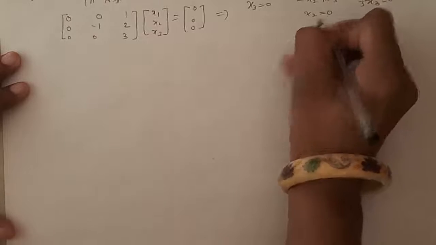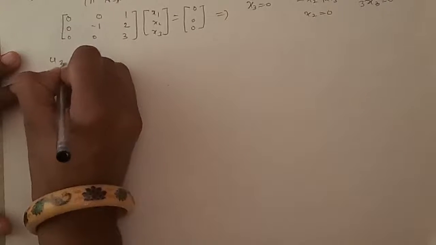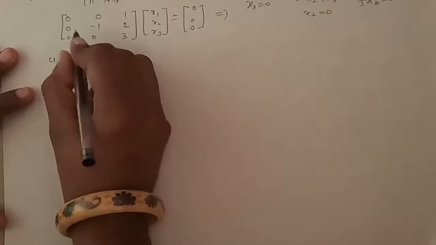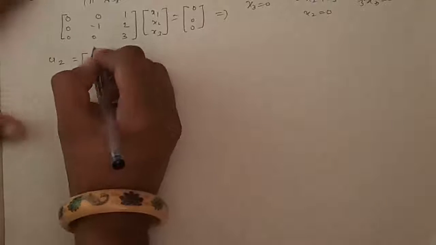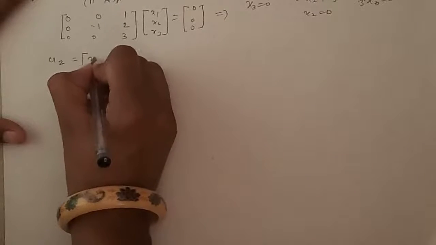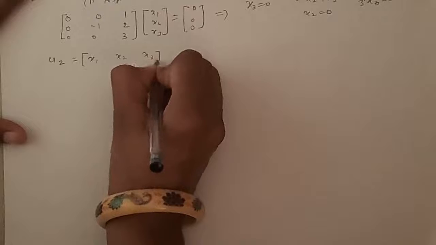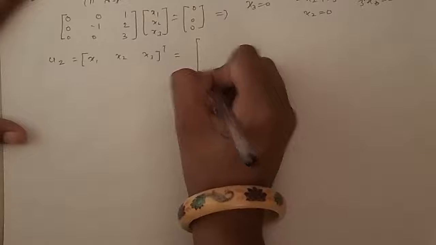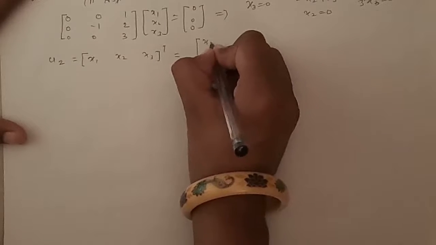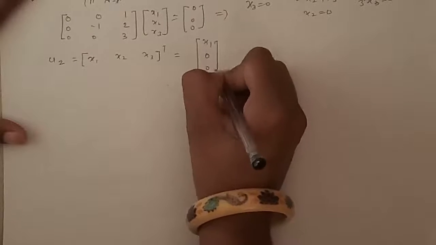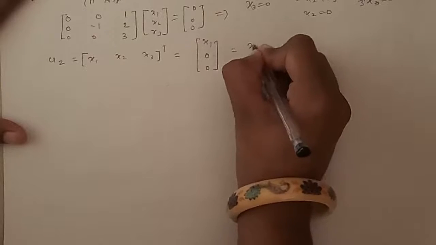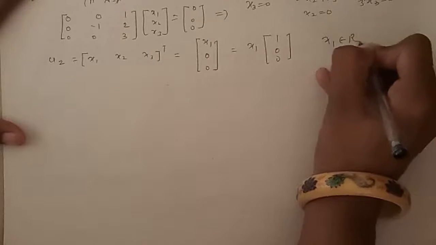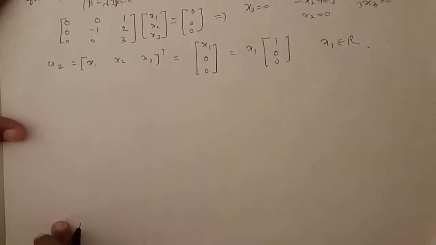So x2 is also equal to 0. Therefore, we have u2 is equal to x1, x2, x3's transpose. We can write it in this way also: x1 remains x1, x2 and x3 are 0. So this implies x1 times 1, 0, 0. So this x1 belongs to R. So this is our vector u2.